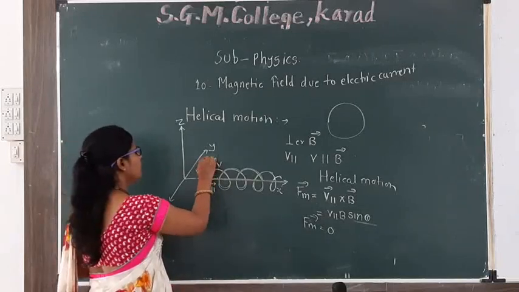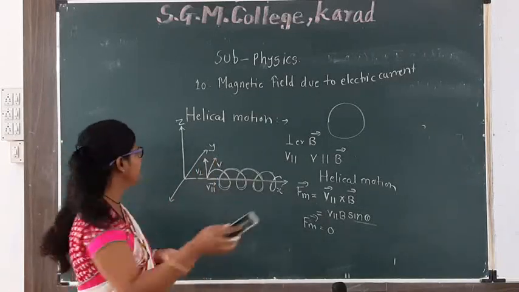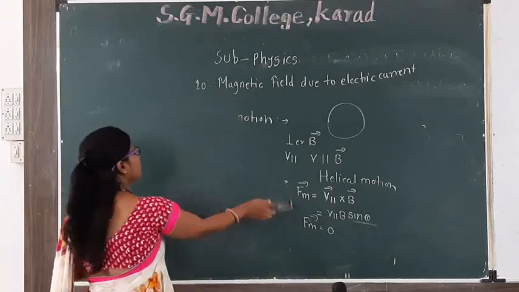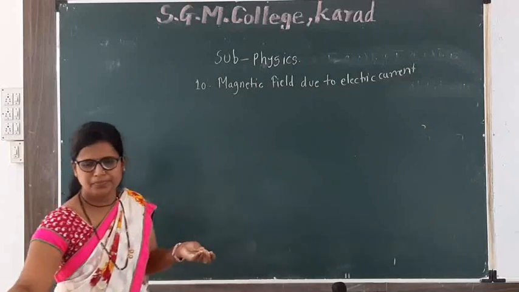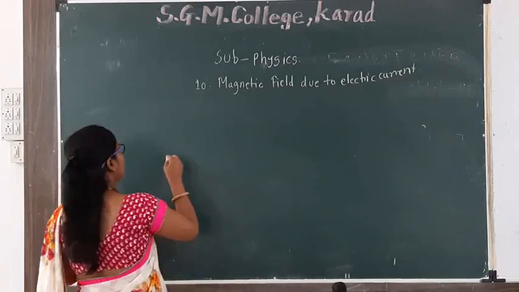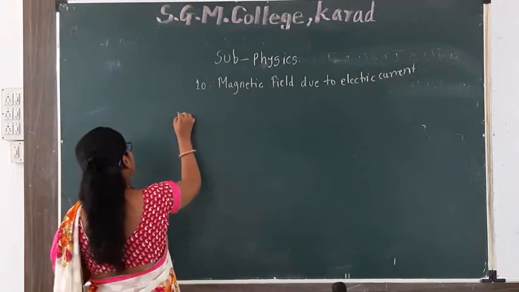Now, the next article is magnetic force on a current-carrying conductor.